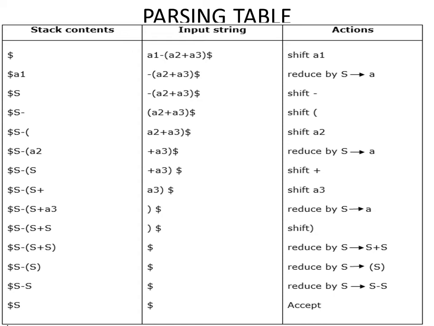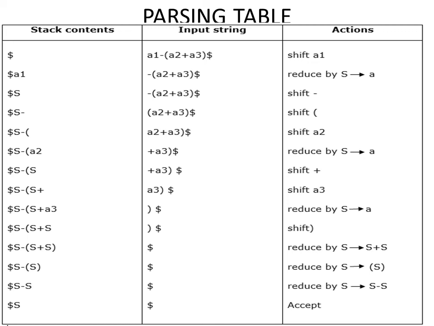Now the stack content will be capital S minus the left parenthesis. The input string will be a2 plus a3 with dollar. Now the action performed is shift a2. The stack content will be capital S minus open parenthesis, then a2. The remaining will be plus a3.